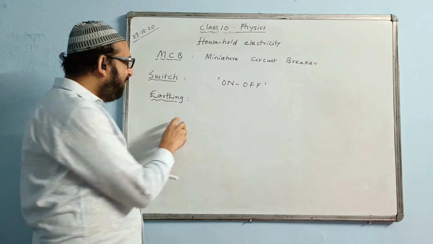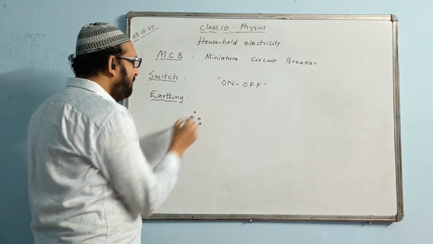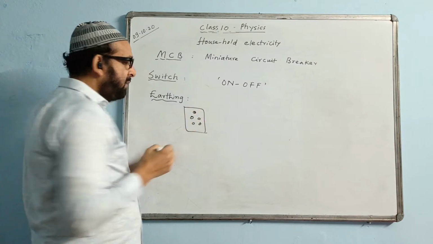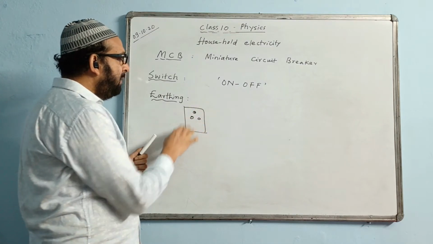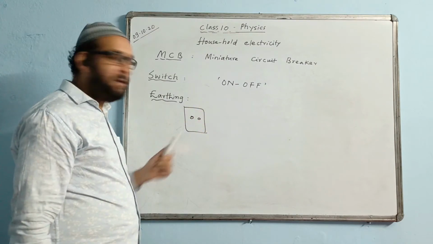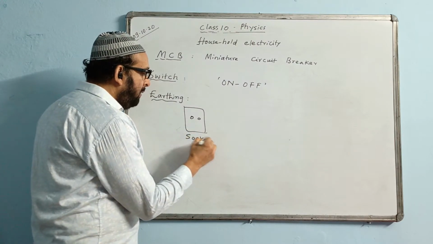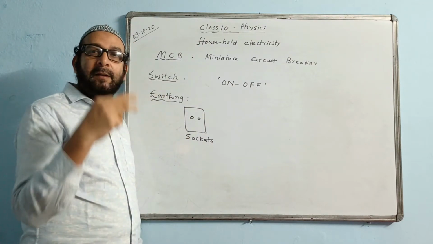At home we normally have 5-pin sockets, and you must have seen them like this. In some cases you will have 3-pin, in some cases only 2-pin sockets. These are the types of sockets available. They are called sockets, fitted on the board, and they have holes for the pins.